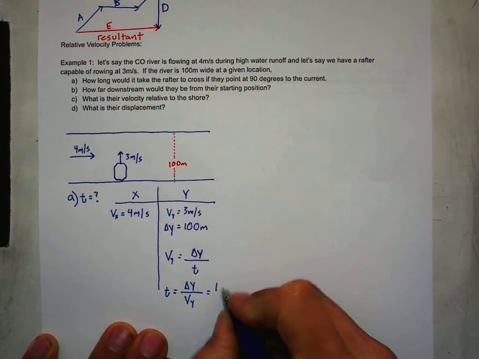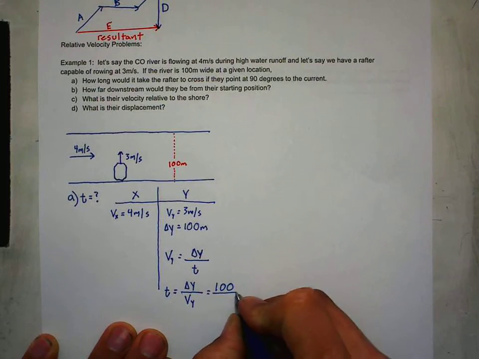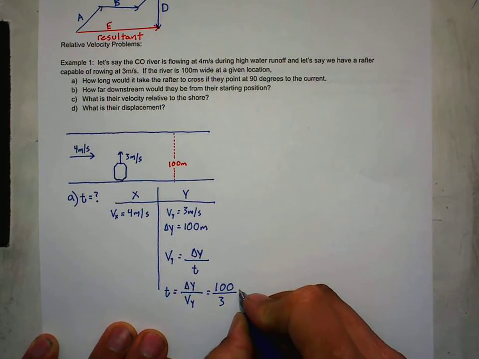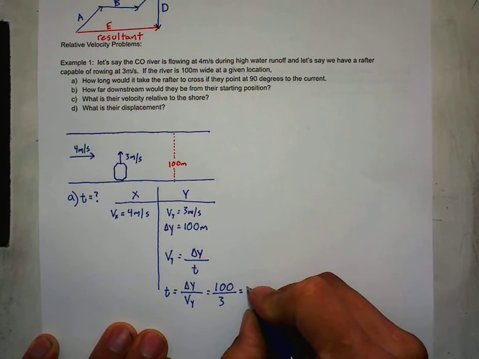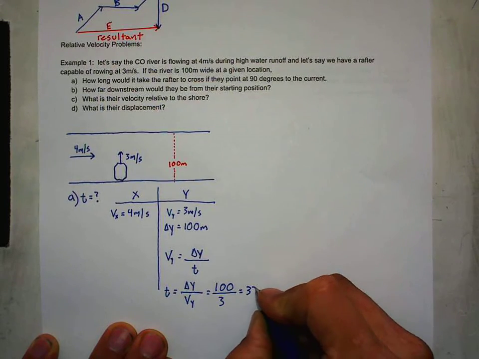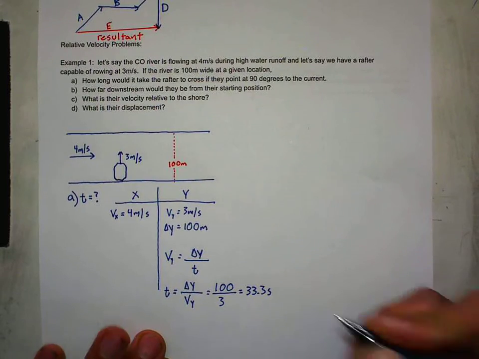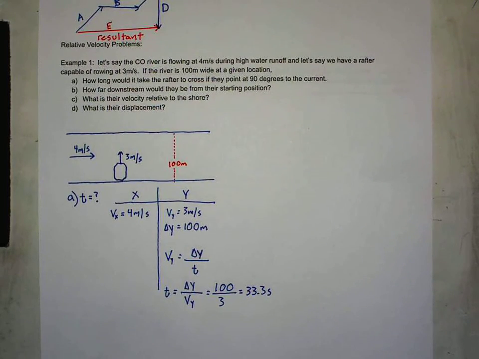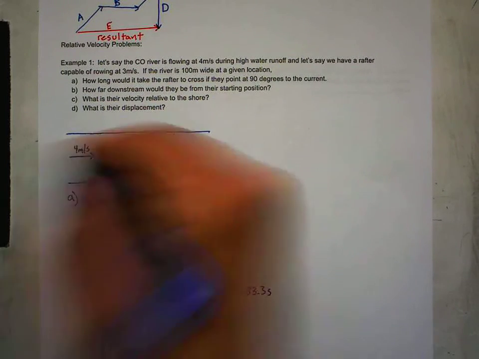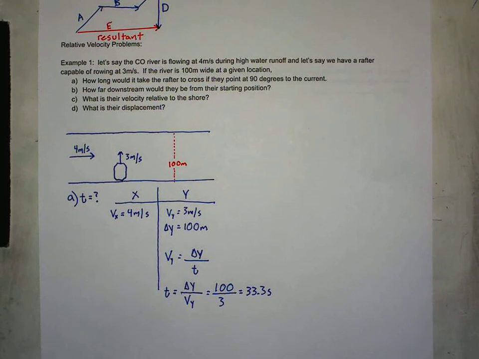So we have to do 100 divided by 3. Math is easy. 33.3 seconds. Did we even need the x stuff? No, we didn't. We don't even care about the flow of the river for this yet.